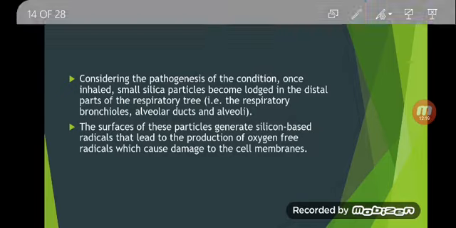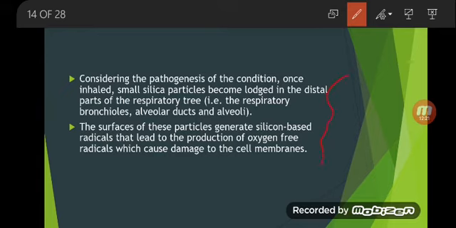So the silica enters the lung, and specifically at the distal respiratory bronchioles, it becomes lodged. When it lodges there, it generates free radicals inside the respiratory cells.